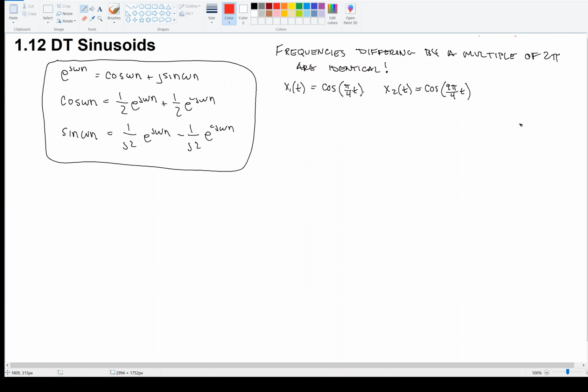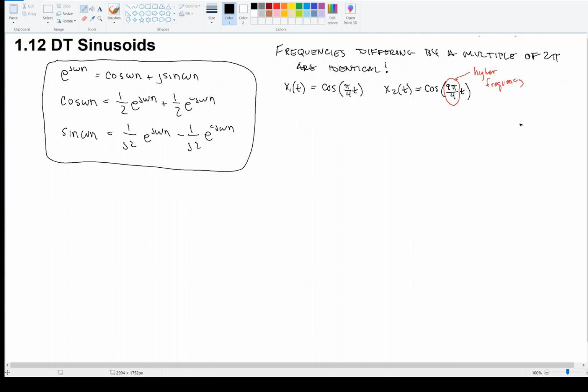So you can plot these on your calculator or MATLAB or whatever it is you use to make plots. And you'll see those are definitely not identical. And not only are they not identical, we would say that this guy is the higher frequency. It goes up and down faster than x1 of t. It has the higher frequency because 9 pi over 4 is a larger number than pi over 4.